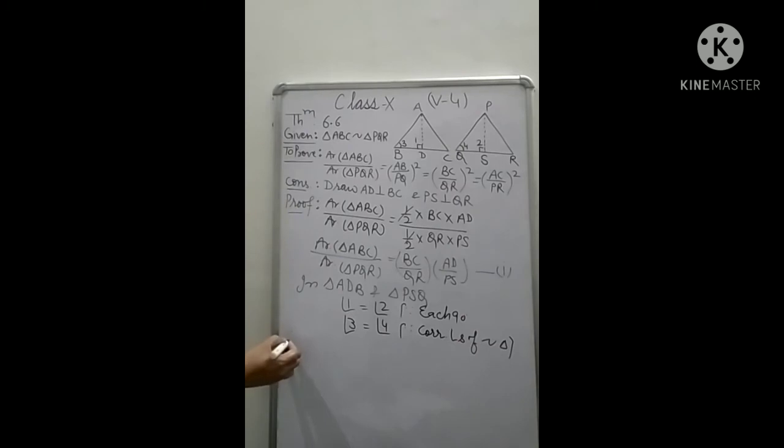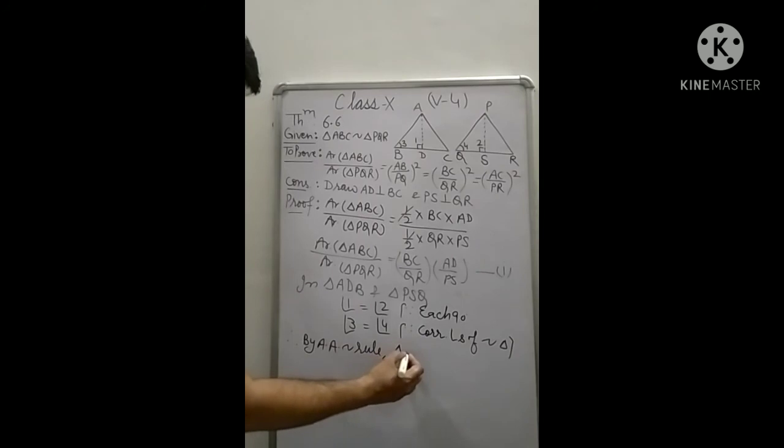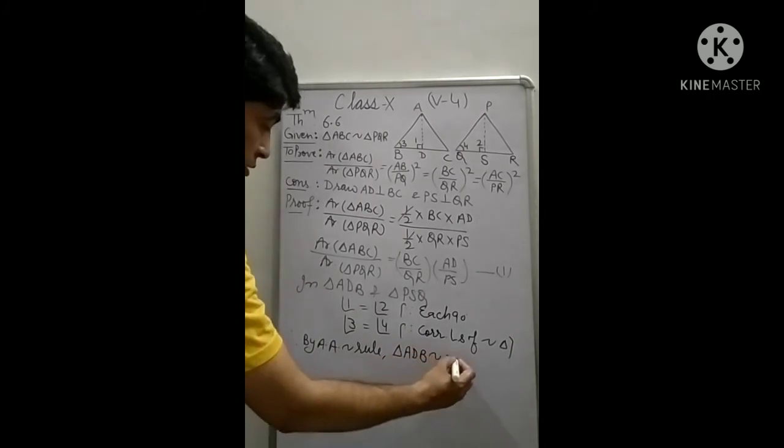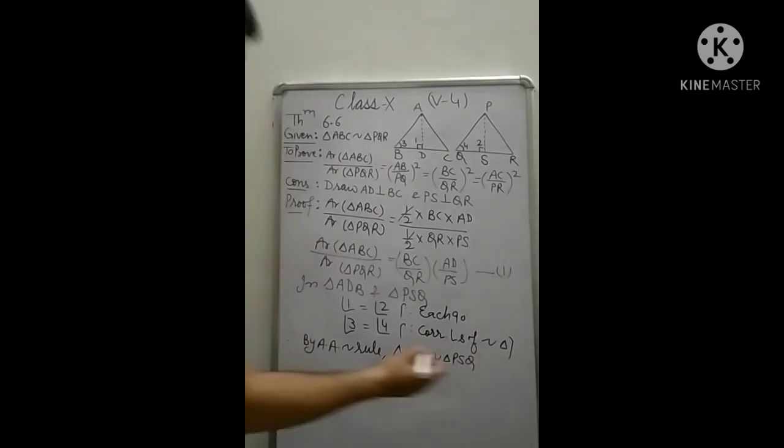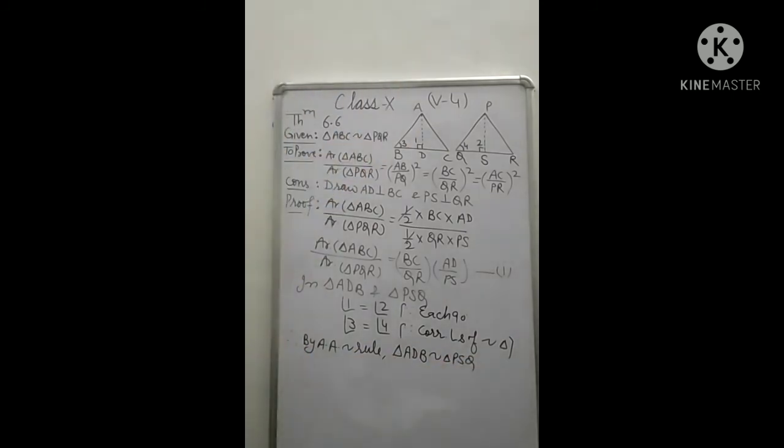So therefore, which rule is this? Angle similarity rule. By the angle similarity rule, these two triangles are similar: triangle ADB is similar to triangle PSQ. If triangles are similar then their corresponding sides will be in proportion.